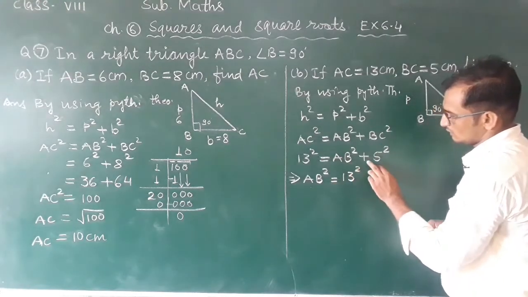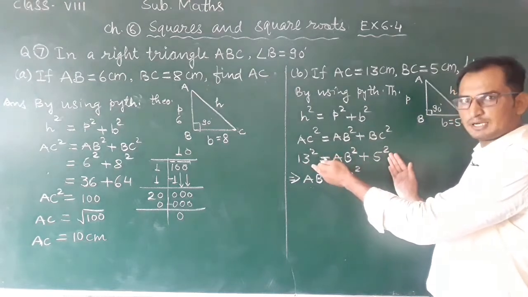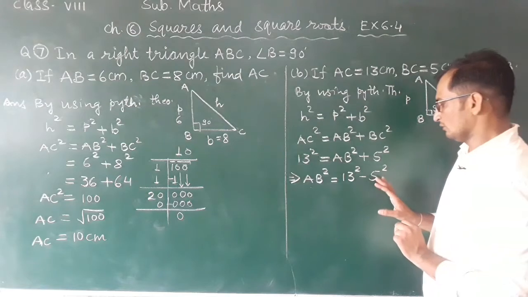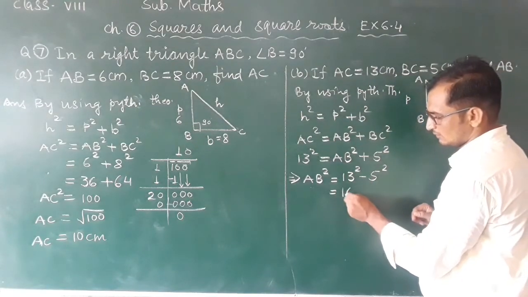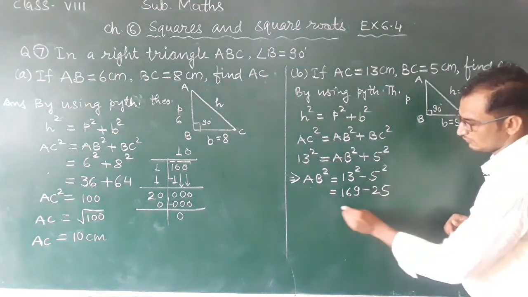It is in plus sign, and when we send it to the left hand side, then minus 5 square will be here.